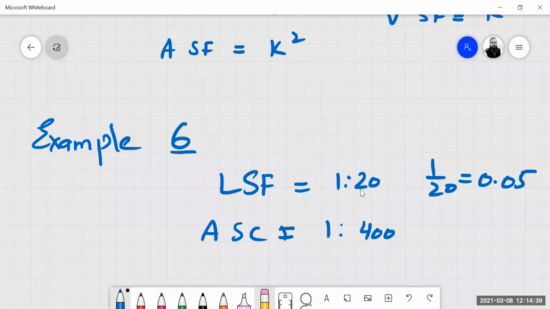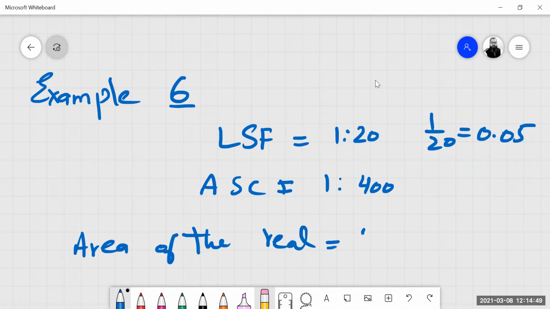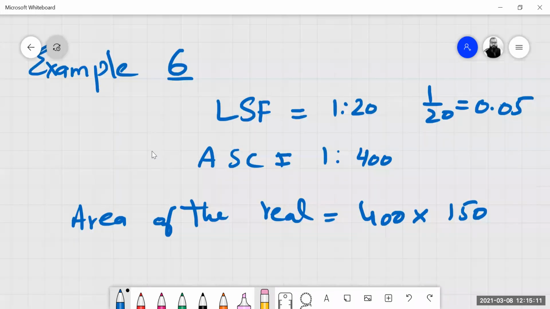Now area of the real will be 400 multiplied by 150. So the answer will be 60,000 centimeters square.